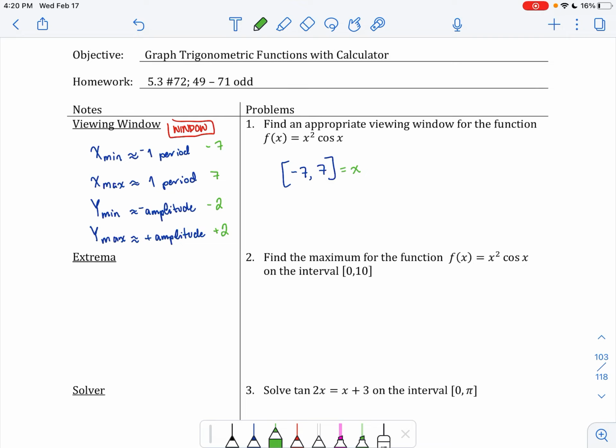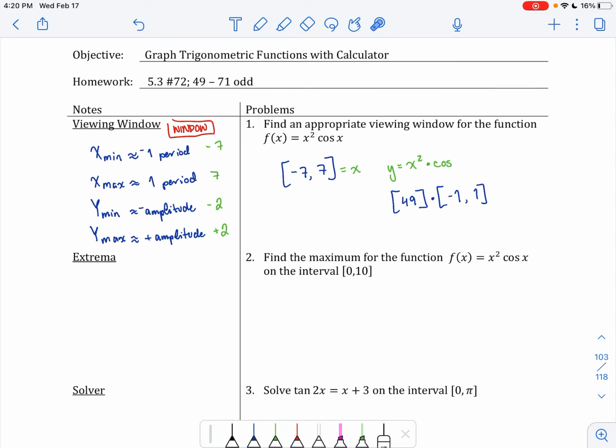Now, what I'm going to end up with is I want to multiply this, so y is equal to x squared times the cosine values. In this case, x squared is 49 times cosine, which is -1 to +1.